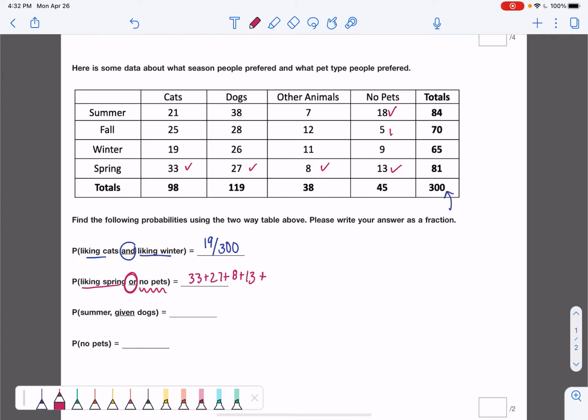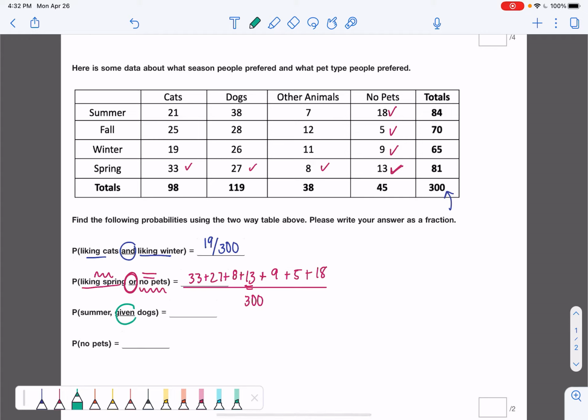So 18 plus 5 plus 9 plus the 13, but we already added it. So all those numbers added up, divided by our total. It's all the ways to get this or no pets.